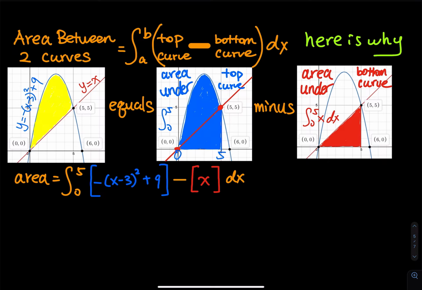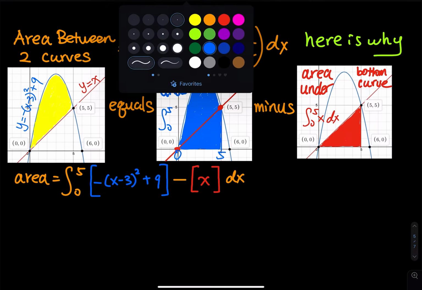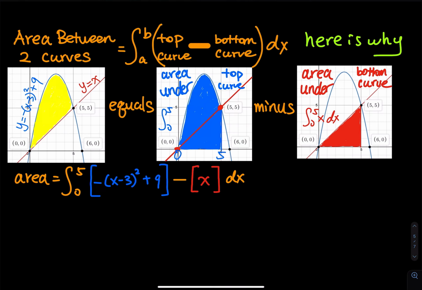Okay, so what is this area equal to? I have the integral from 0 to 5, top curve in blue, and bottom curve in red. For this definite integral, you will have to expand the whole integrand. Before I start doing the integral, do we agree that we can break this down into two integrals?